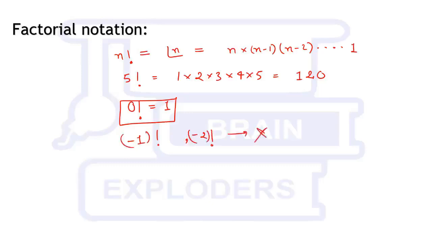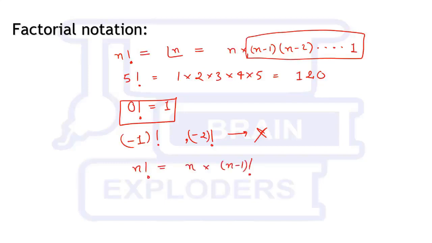From these notations it is clear that in n factorial, if we leave n, then the remaining part is equal to n minus 1 factorial. So n factorial is equal to n multiplied by n minus 1 factorial. Also, it can be written like n multiplied by n minus 1 multiplied by n minus 2 factorial.